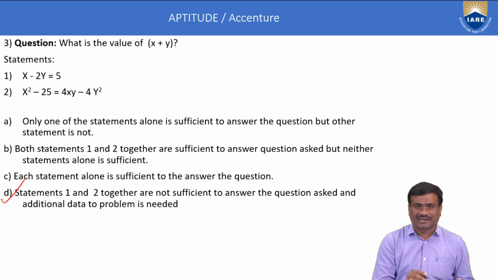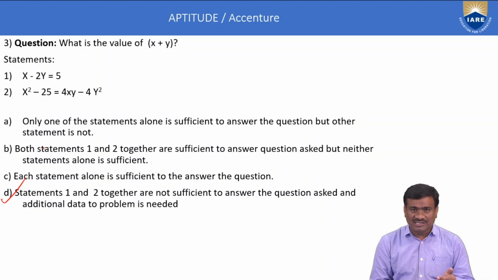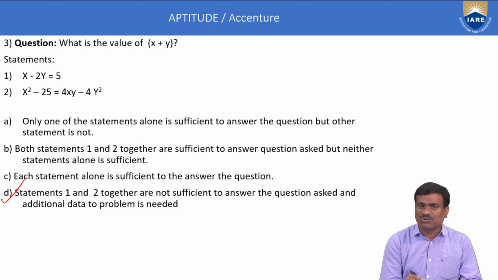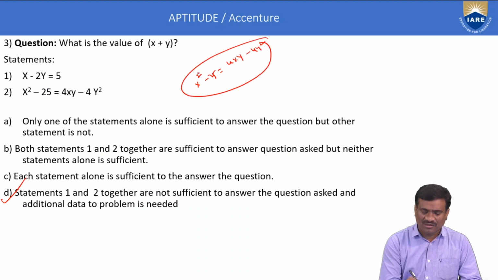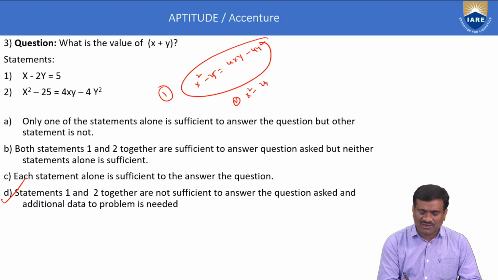Option D only correct. Reason: x minus 2y is equal to 5. Squaring on both sides, then x square minus 25 is equal to 4xy minus 4y square. This is called the first equation, squaring on both sides. Second equation again, x square minus 25 is equal to 4xy minus 4y square.